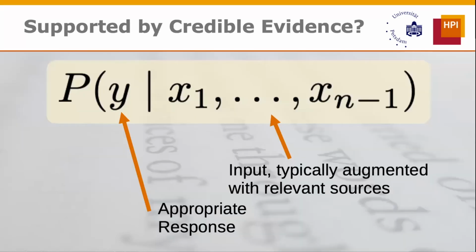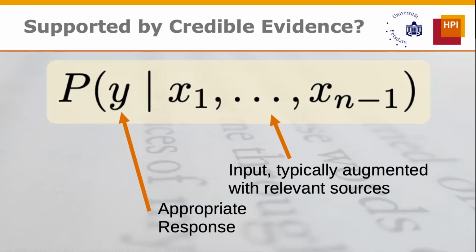So it seems like what people actually want are appropriate responses that are supported by credible evidence. We can put in various things, like a second model that double checks whether the answer is really entailed by stuff that was in the training data or in some web sources that are also checked for credibility.